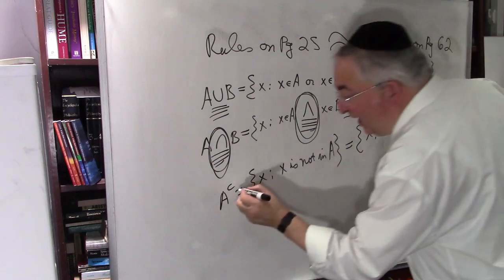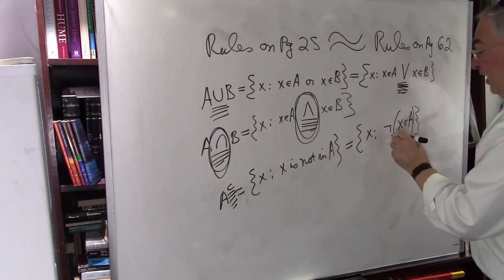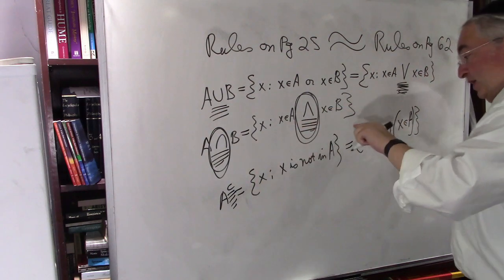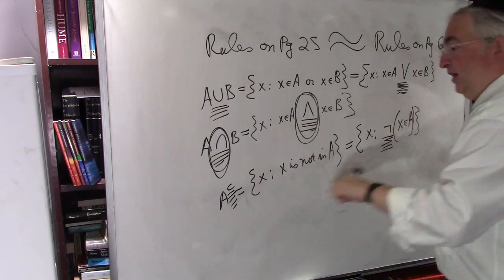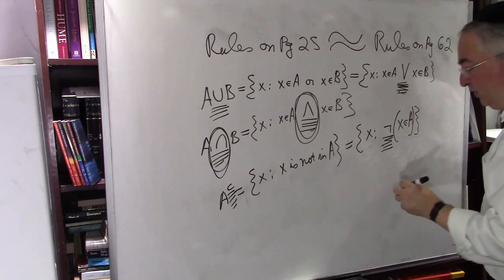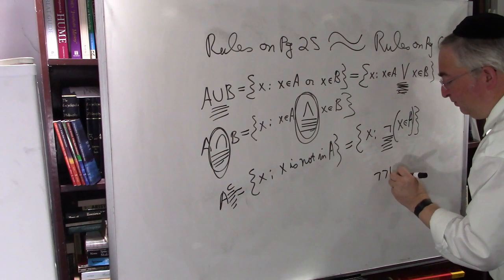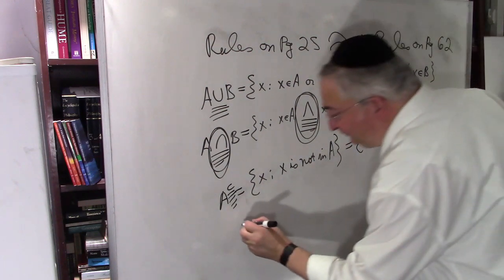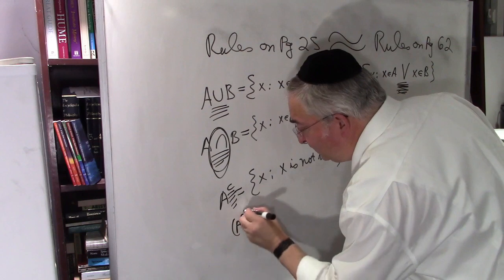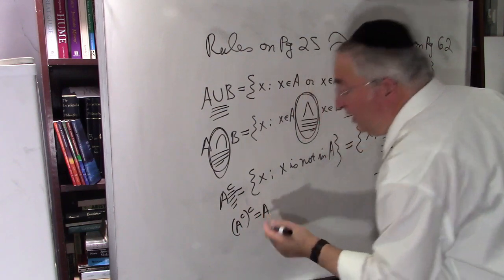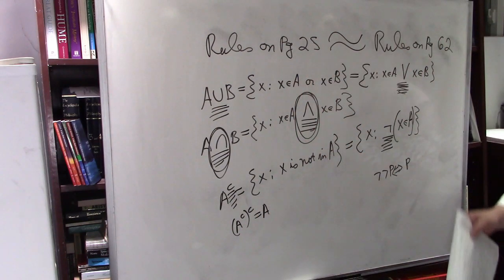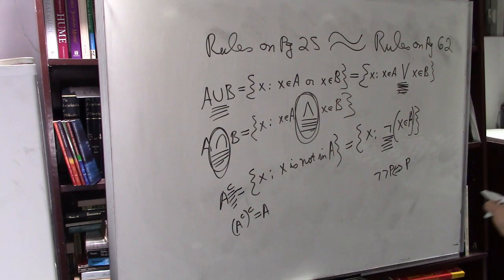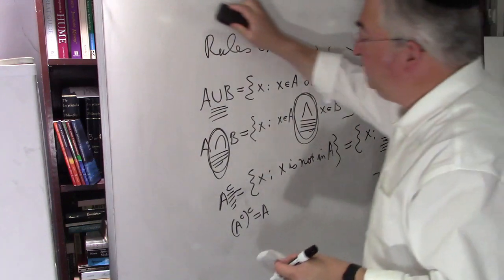So, because complement is defined using the not operation, we expect that whatever this satisfies, this will also satisfy. For example, if not not P is logically equivalent to P, then (A complement) complement is equal to A. Just saying the same thing. Great. Let's go through some more of these rules on page 62.